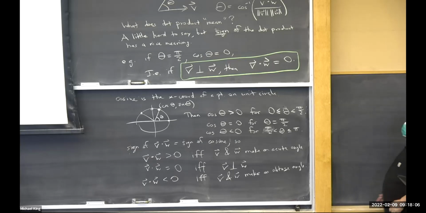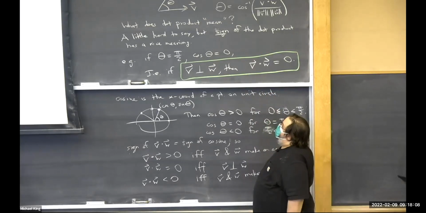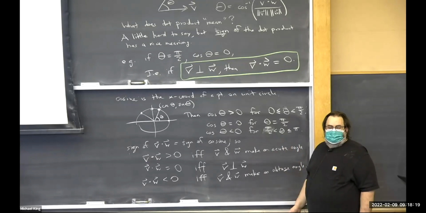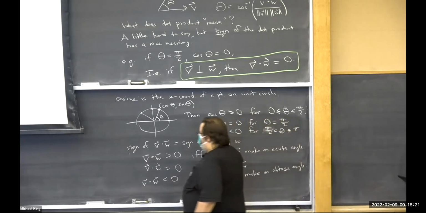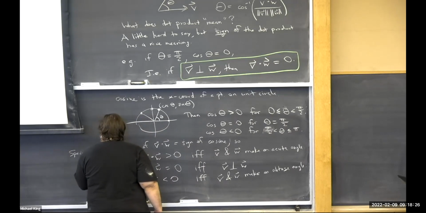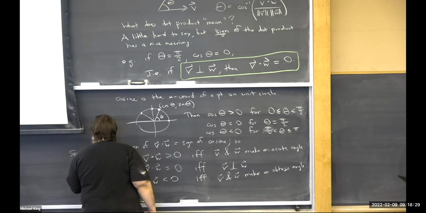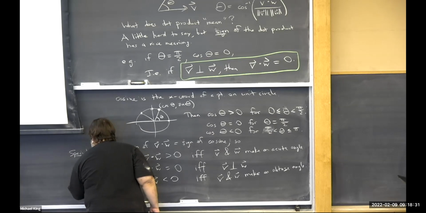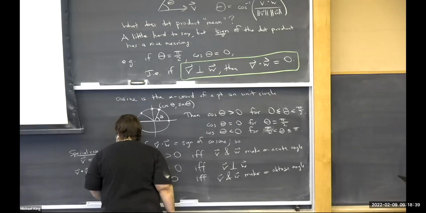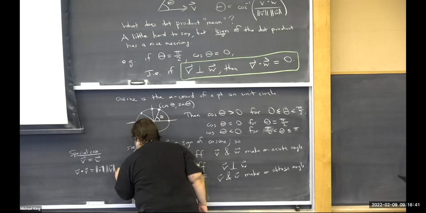Like in that formula at the top there, if v and w are the same vector, so special case, v equals w, then v dot v equals magnitude of v times magnitude of v times cosine of 0.